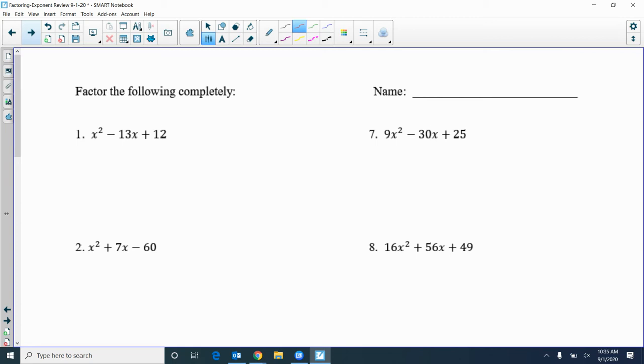Go to modules, factoring and exponent review. I should put these up here. Try that.